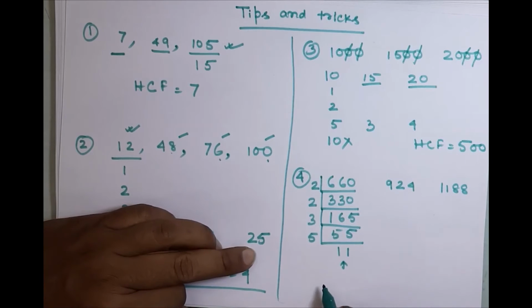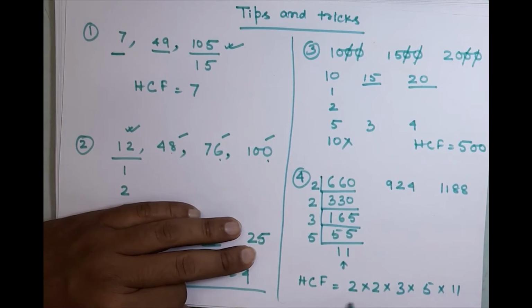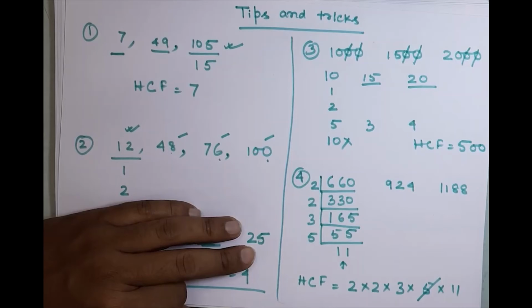Now we'll write down the factors: 2 multiplied by 2 multiplied by 3 multiplied by 5 multiplied by 11. Now you see, out of all these numbers we can safely strike out 5, because 924 is not divisible by 5, and even 1188 is not divisible, because we can only divide a number by 5 if the last digit is 0 or 5, otherwise it is not divisible.